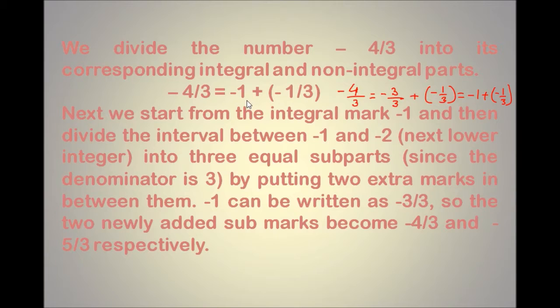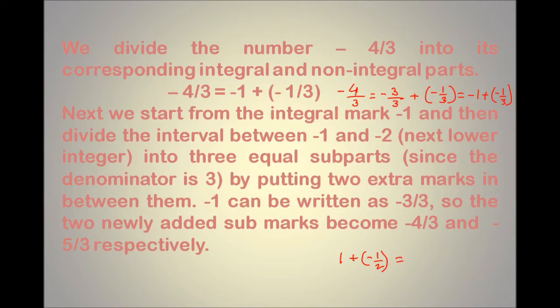If we add a minus half to a plus 1, what do we get? We get a plus half, right? We have a plus 1 and we are adding a minus half.